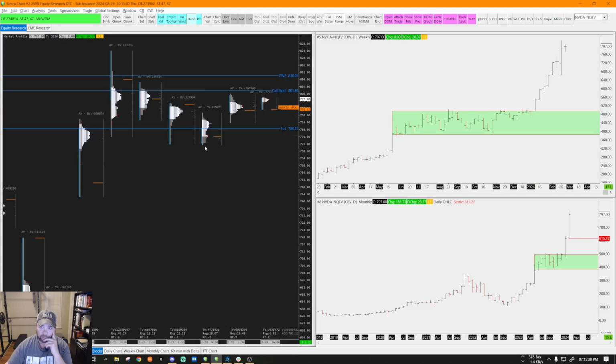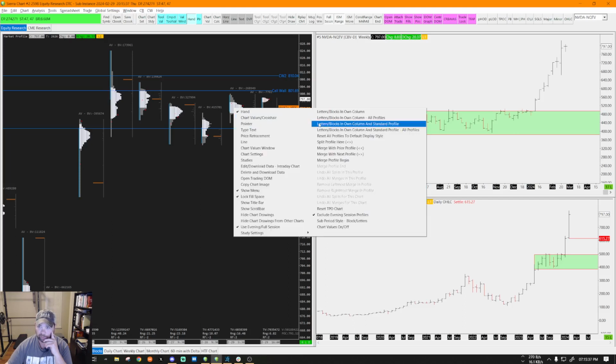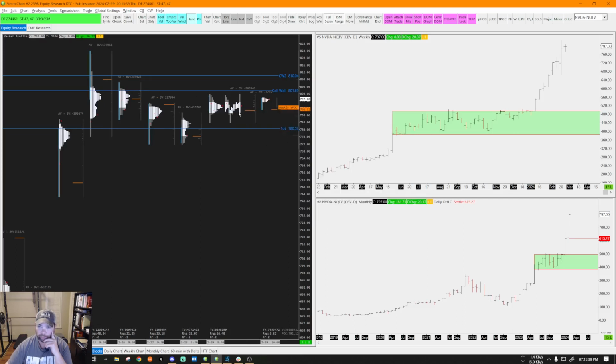So this doesn't look bad. This is higher value. I would be looking for somewhere to get long the video. This isn't a swing idea because it's already had a pretty good run.